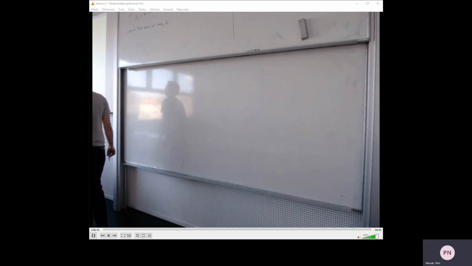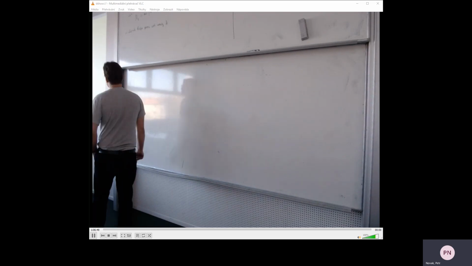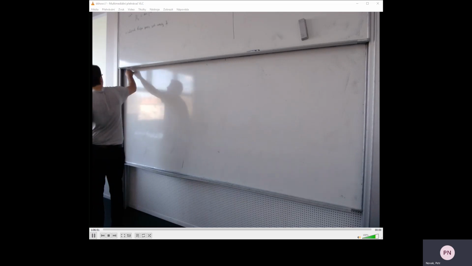The exponential distribution has the density looking like this: lambda times e to the power of minus lambda t for non-negative t's, and 0 otherwise.